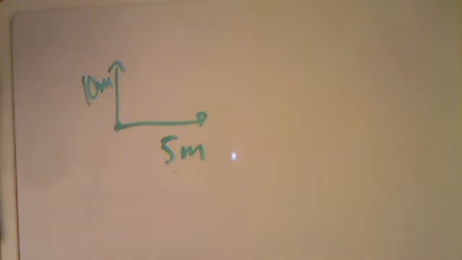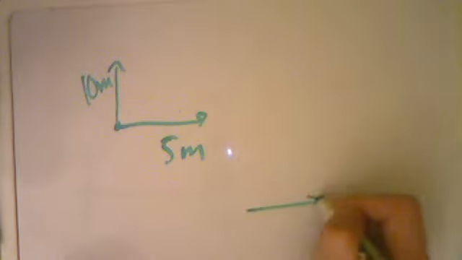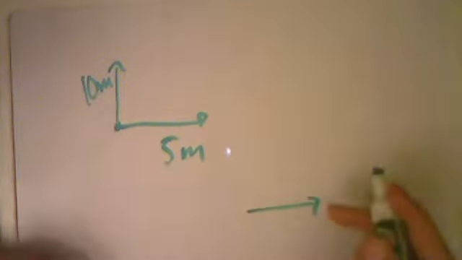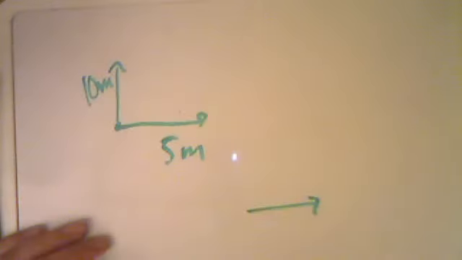When you're adding vectors, first you're going to copy one of these vectors. For instance, I want to copy this 5 meter vector. Sorry if it's not drawn to scale, 5 meters is clearly smaller than 10, but anyways, we start off by copying that. Next, we look at our next vector, this upward 10 meter one.